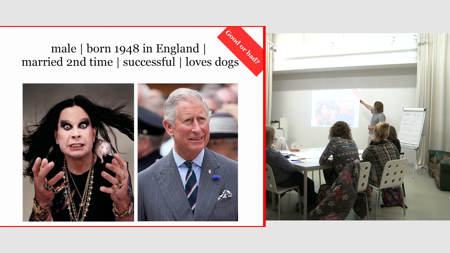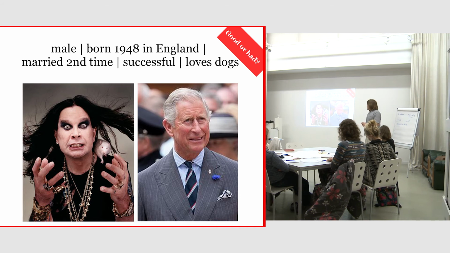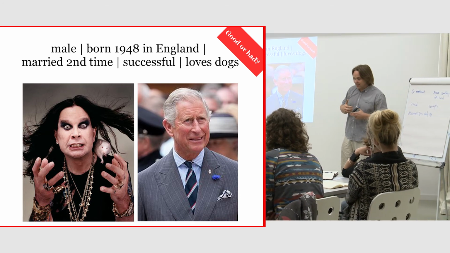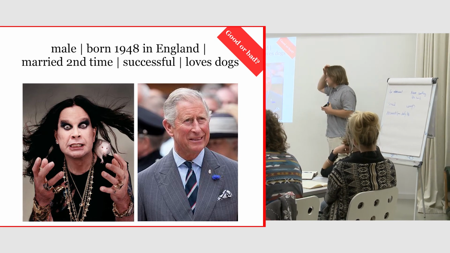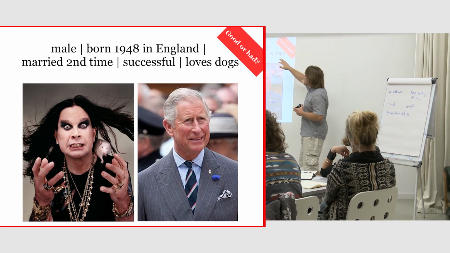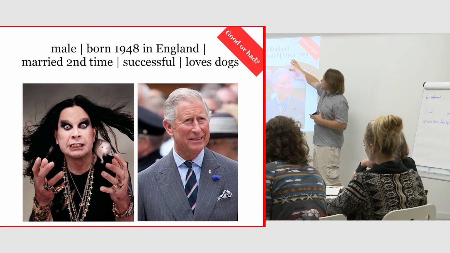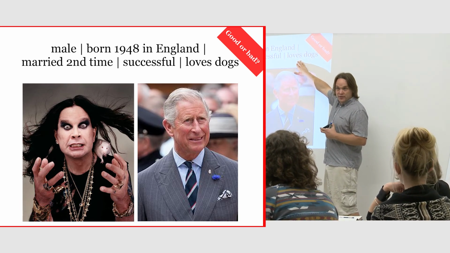I thought it's already enough. So what I'm trying to point out is that if we read only this, then it feels that we know who we are talking about.